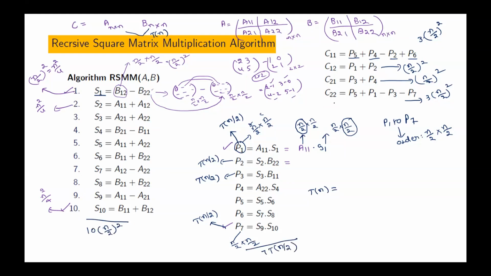What is the time for these 8 additions? 8 times n by 2 whole square. Now what is T of n? 7 times T of n by 2 plus 18 times n by 2 whole square.